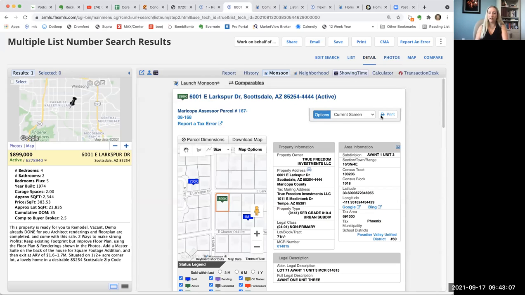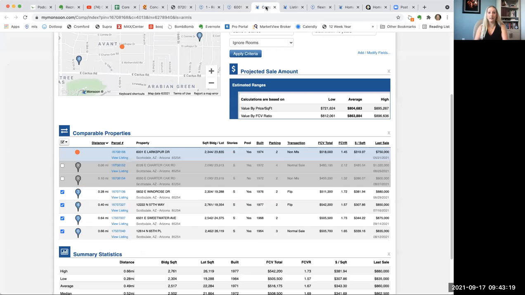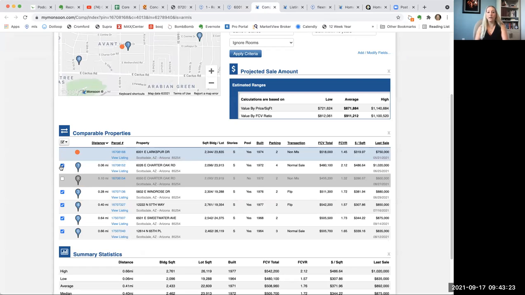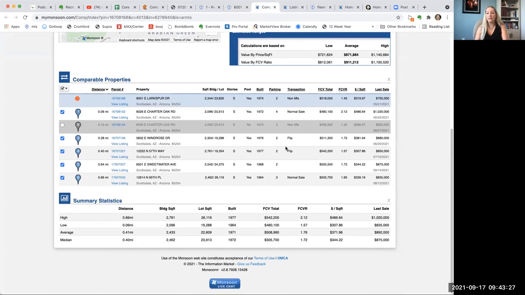This is unusual again because they've given renderings, but you'd have to read the report and understand what they are doing. But they're in the middle of that remodel. The demo has been done, and they are going to have it show up as a completely remodeled property. So in that case, I'm going to add back in the one that probably is priced appropriately and look at these to see if these are of similar condition.